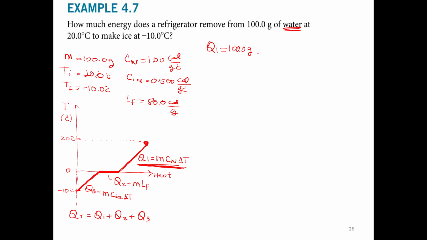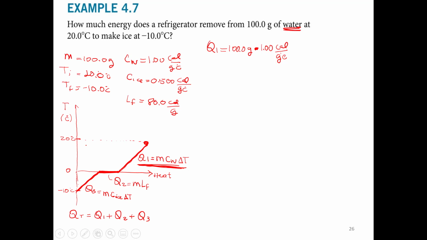Times 1.00 grams, and then we need delta T. Here there is one consideration made in the book: they always consider the delta T positive.